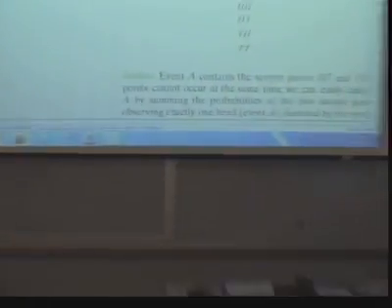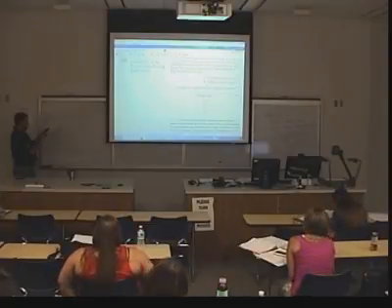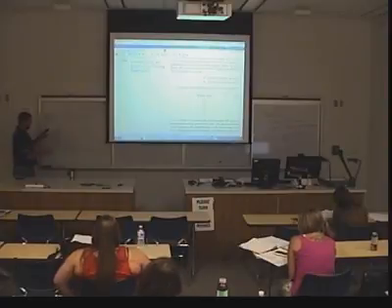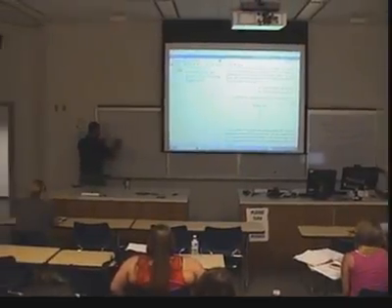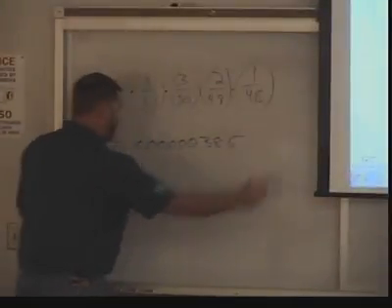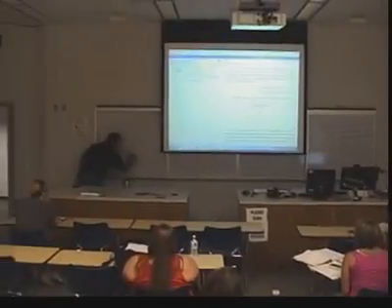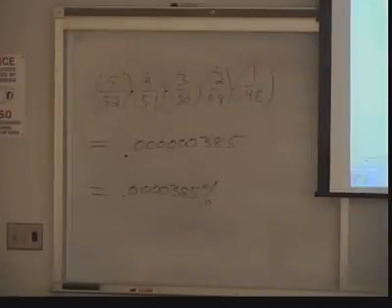Times 3 divided by 50 times 2 divided by 49 times 1 divided by 48. You get 0.123456385, which is equal to 0.1234385%. That's your chances of getting a royal flush.